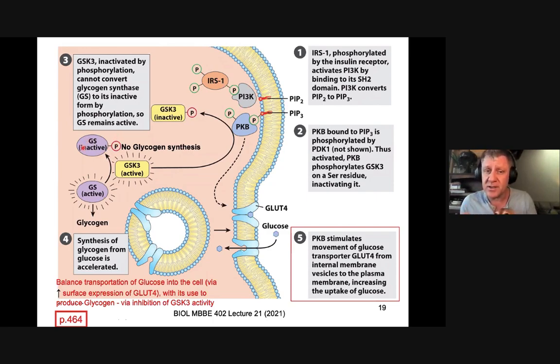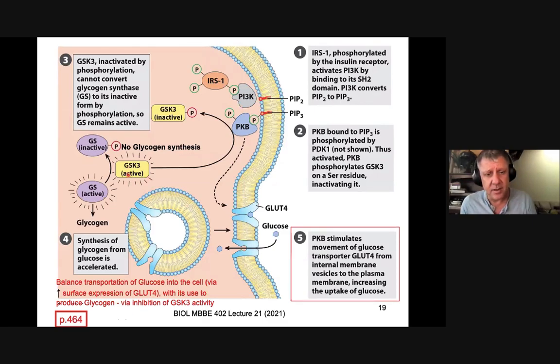So what I'm trying to illustrate here is there's a menagerie of interactions. Phosphorylation can be both positive and negative depending on the enzyme. And in this case, we have enzymes working with enzymes to regulate the production or degradation of certain things. In this case, the production of glycogen, which is matching the transportation of glucose into the cell.